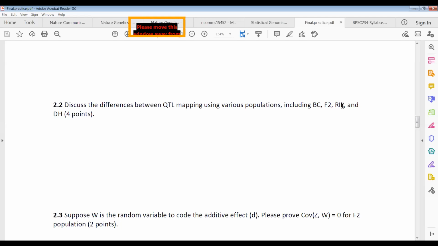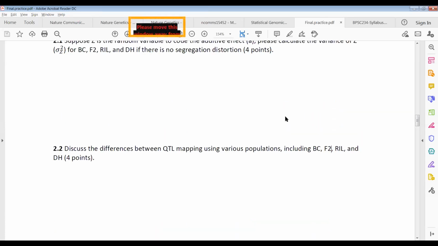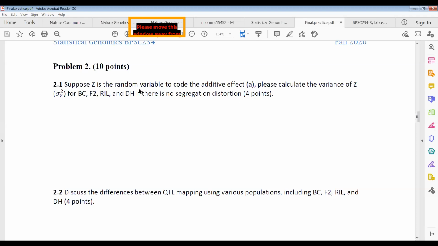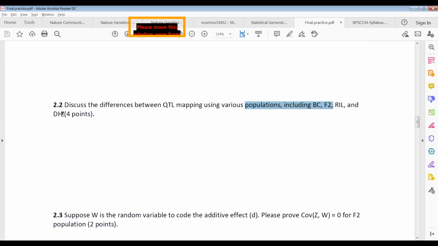Now, if we compare RIL and F2, what's the result? RIL has a higher resolution, because of the accumulative generation information. Very good. How about the efficiency, like the variance of the Z? It's higher than F2. Yes, because if you calculate it, that's why I put the first part here. Once you calculate this, you can easily answer the second question. The same for DH.